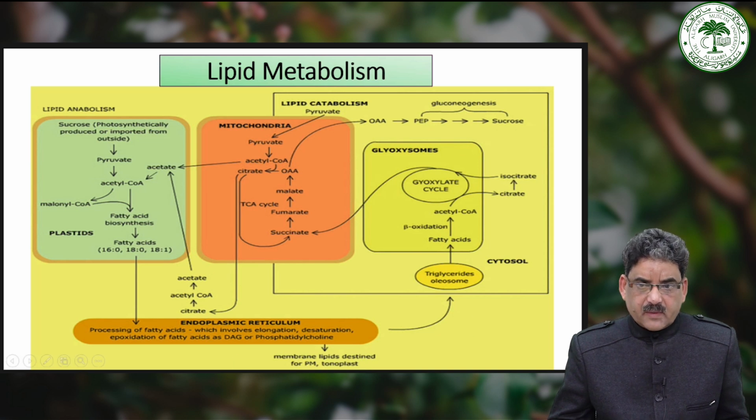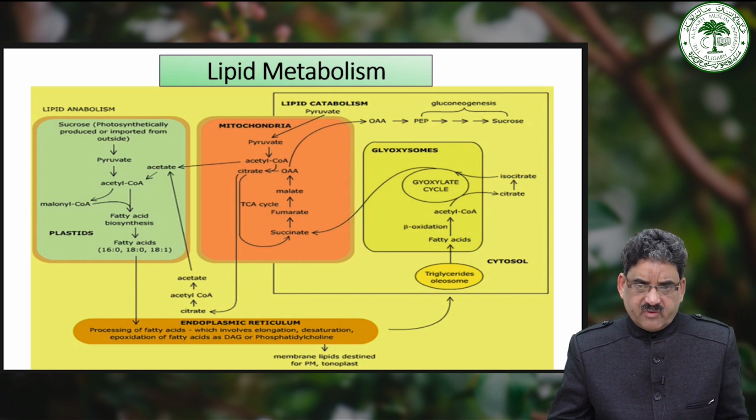Fatty acid synthesis and oxidation occur in distinct subcellular locations utilizing different metabolic pathways and sets of enzymes. The oxidation of fatty acids involves the successive removal of two carbon units as acetyl-CoA.